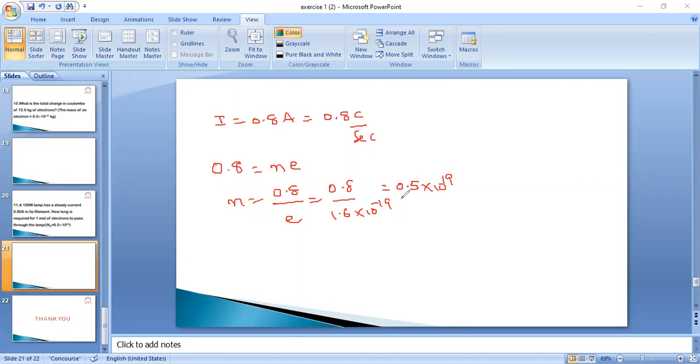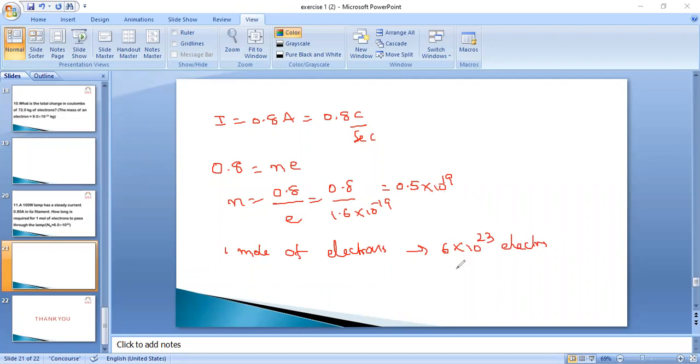But you have to send here 1 mole of electrons. Okay. So 1 mole of electrons in the sense, how many? 1 mole of electrons is nothing but 6.023 into 10 power 23 electrons. To pass that many number of electrons, how much time is required? In 1 second, 0.5 into 10 power 19 electrons are passing.